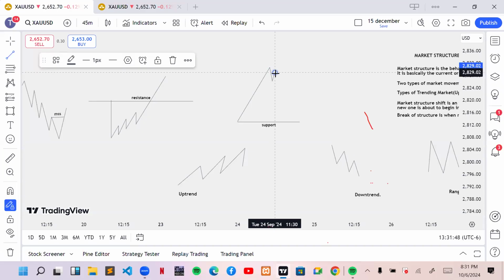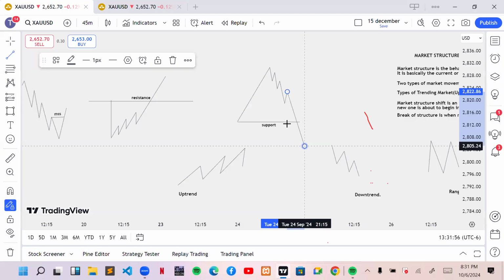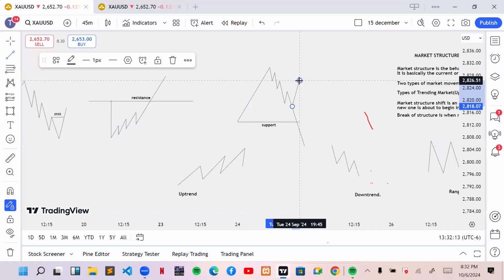Then the market does something like this, breaking the support zone. The market was previously on a downtrend, and the zone that it broke was still on a downtrend, so it's still continuing the current trend it was on before. If this was to be a market structure shift, the market should actually break structure and then change direction to the upside. That is the difference between a break of structure and the market structure shift.